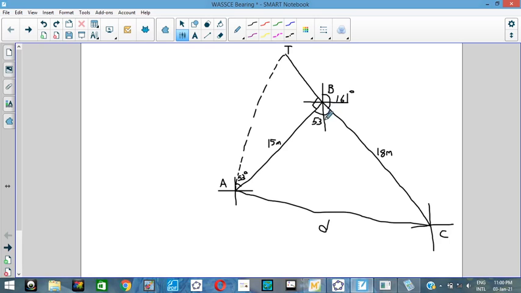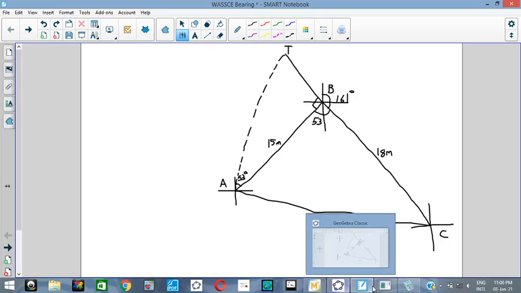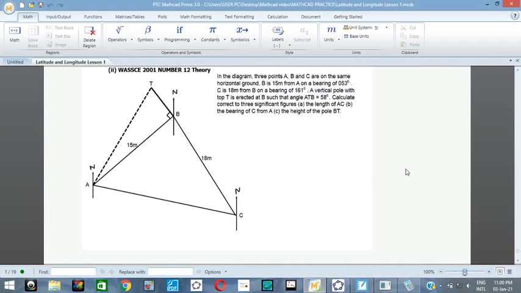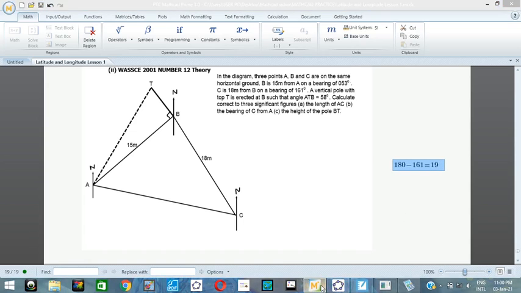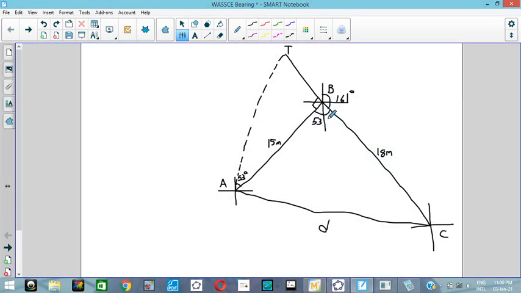So it's just 180 minus 161 that is going to give us this remaining angle. So if you do that simple calculation, 180 minus 161 is going to be equal to 19 degrees. So take note of that. So this place is 19 degrees.